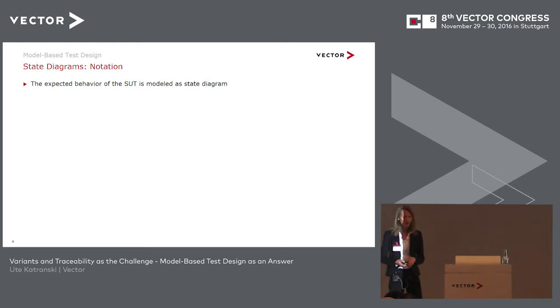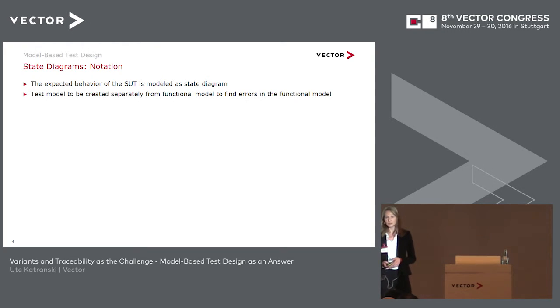So what do I do? I describe the expected behavior of the system under test in the form of a state diagram. What's important now is that the test model is separate from my functional model, because if I want to find faults in my functional model, the test model has to be separate from it.